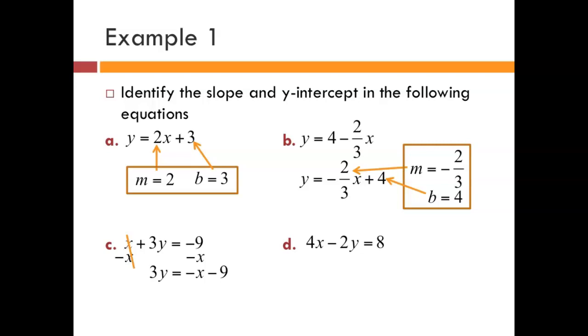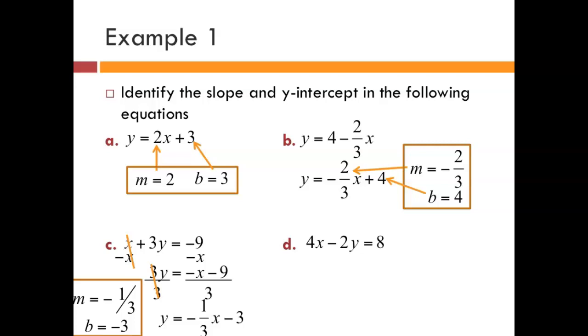Now notice I'm putting the negative x first because I know in slope-intercept form, the x term is going to come first. Now I have to divide both sides by 3. So this is going to be y equals negative 1/3 x minus 3. And now we can see that the slope is negative 1/3 and the y-intercept is negative 3.